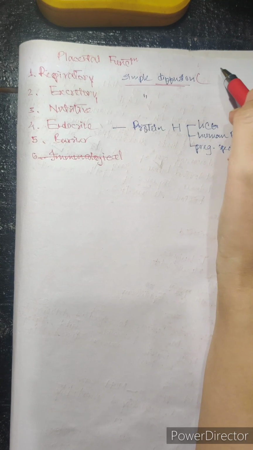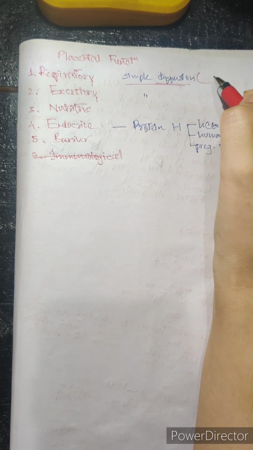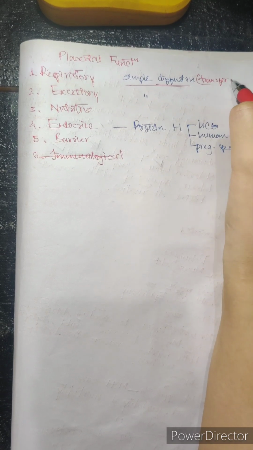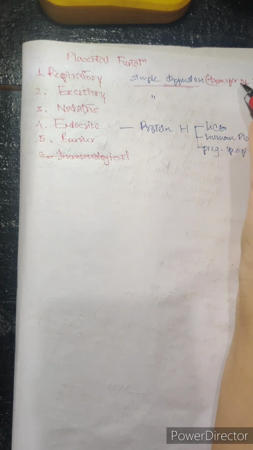What is diffusion? Diffusion is the process of transfer of substances from an area of higher concentration to an area of lower concentration.